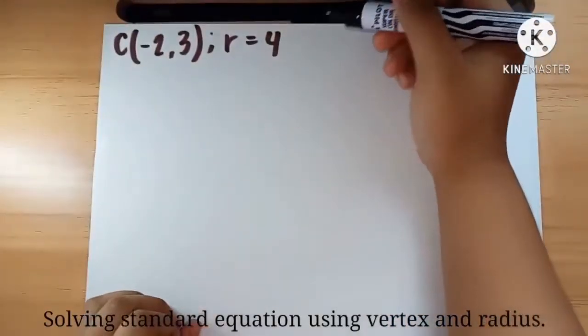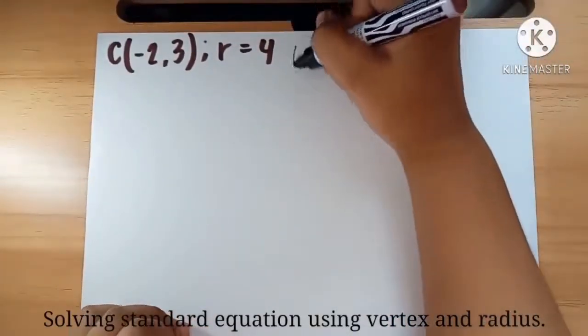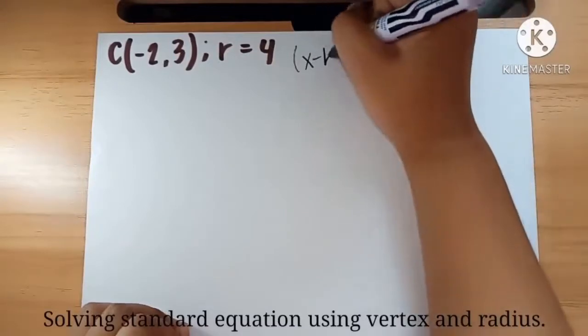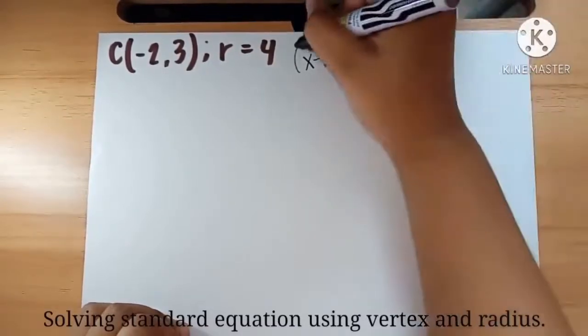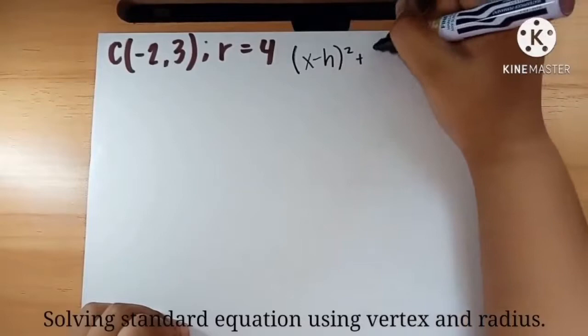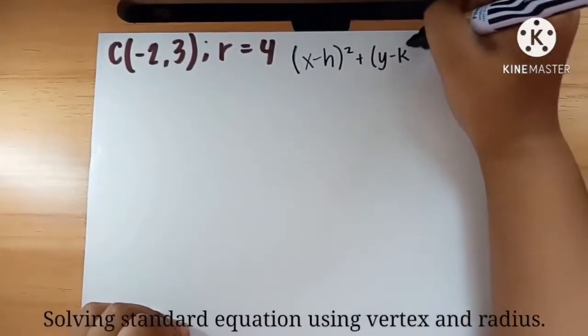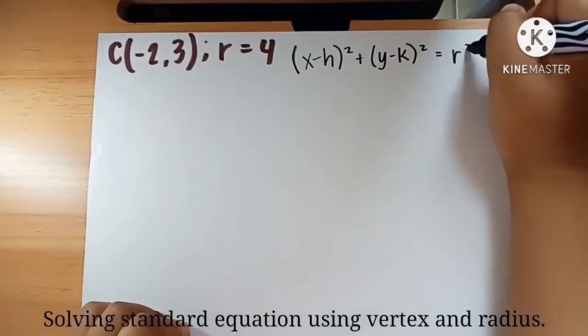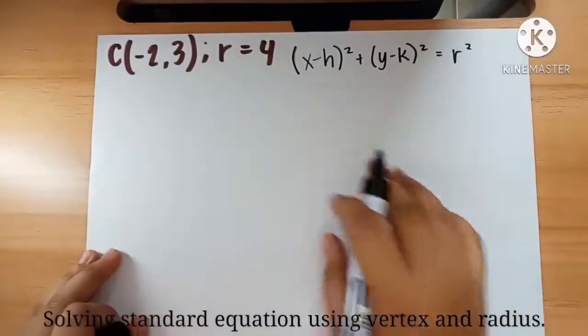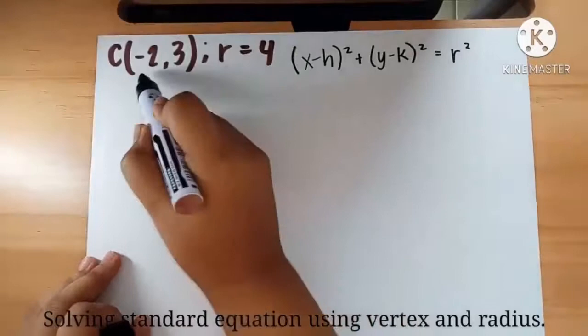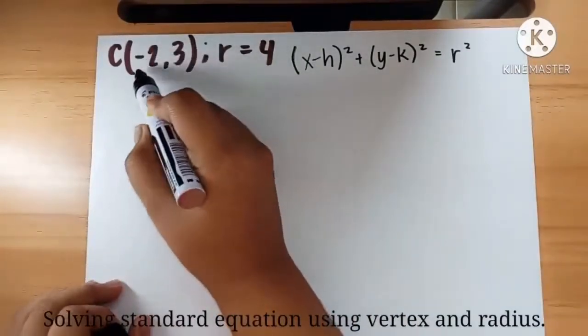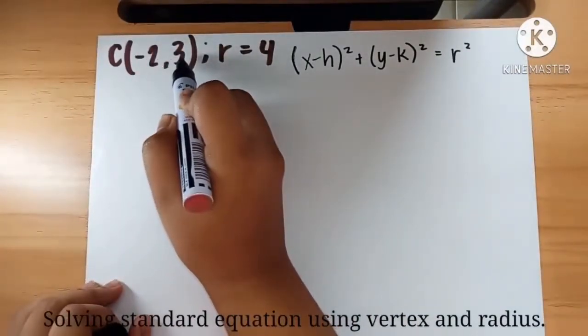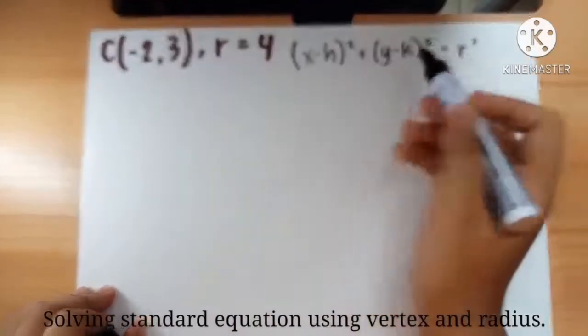In circle, we have the formula x minus h squared plus y minus k squared equals r squared. In this case, we have to substitute the negative 2 and 3 for h and k.